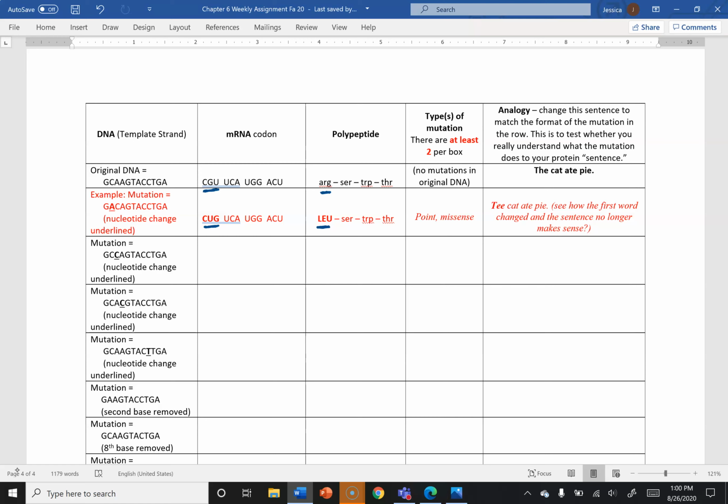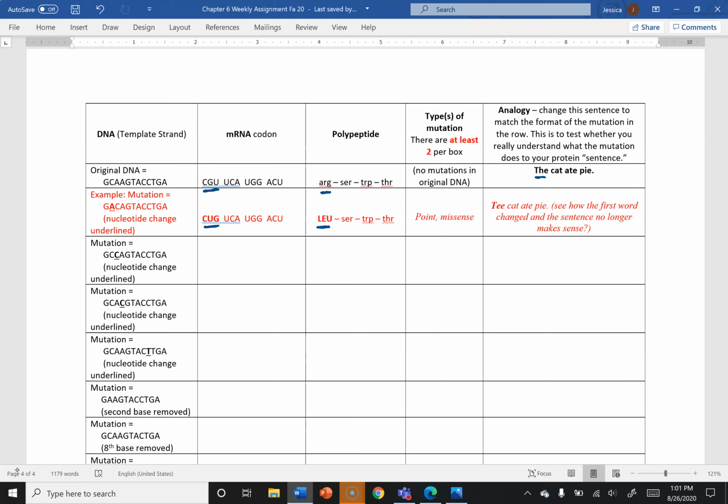So we're going to relate that to our sentence over here. If we change the first word, which is essentially what we've done here when we've gone from arginine to leucine, by a single letter, in this case the second letter, we've changed the word here. I picked a different word, where the T and the E from the original word are maintained, and I've only changed the second letter.